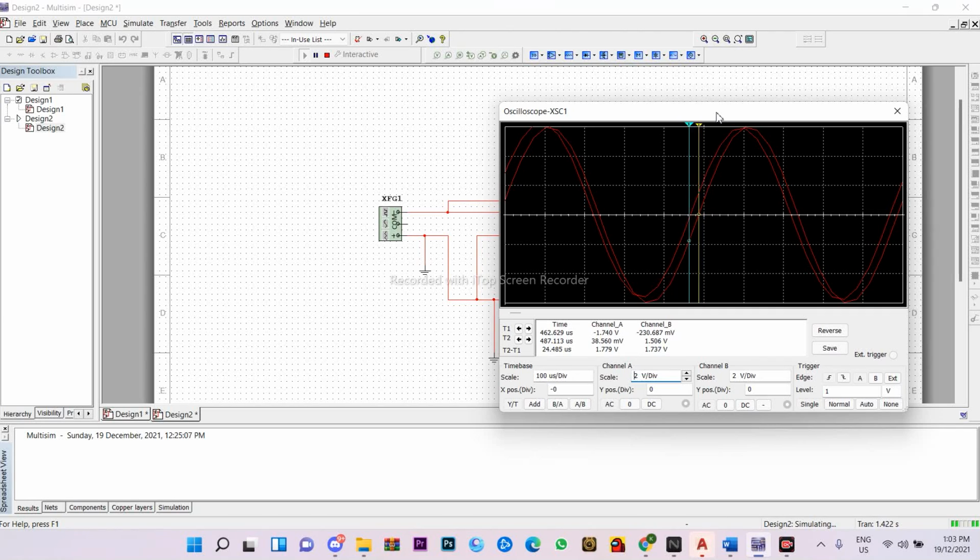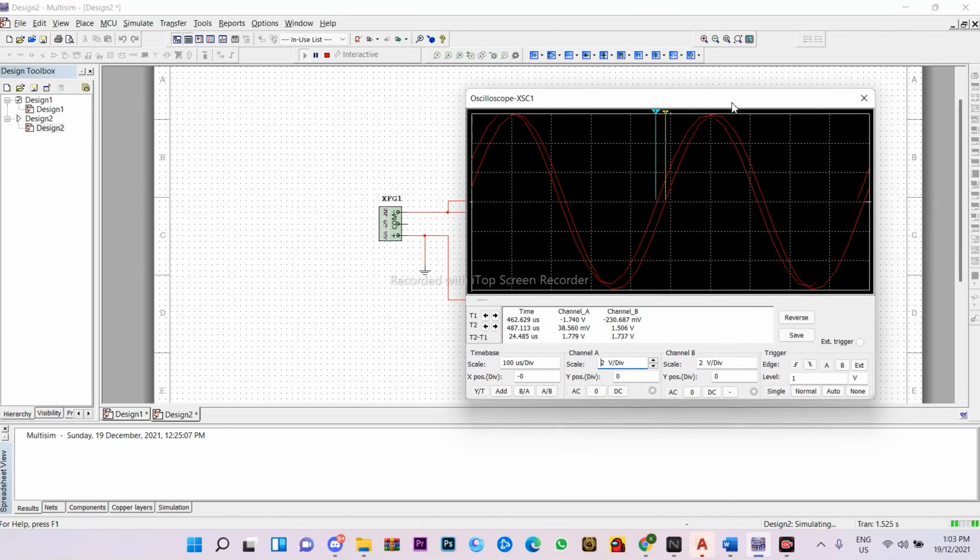So the RC input leads the output, and for the RL, channel A lags channel B. And that's all from me. Thank you.